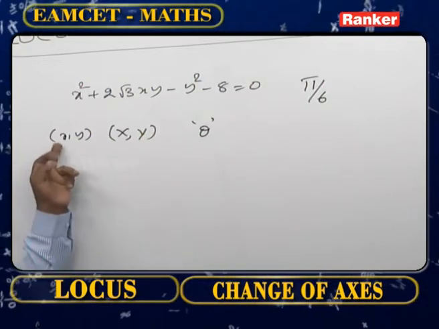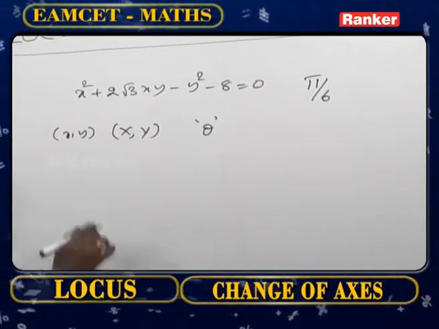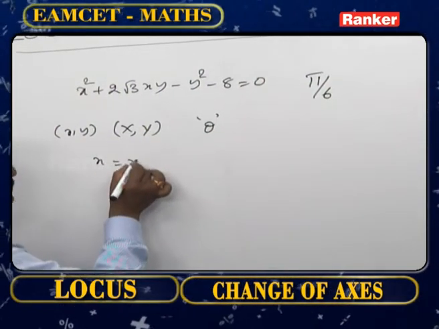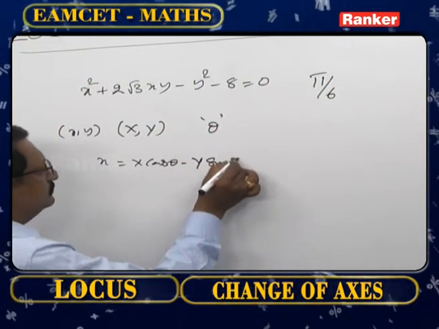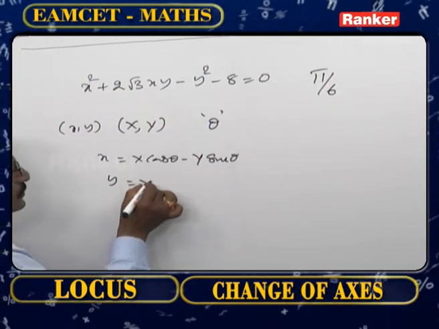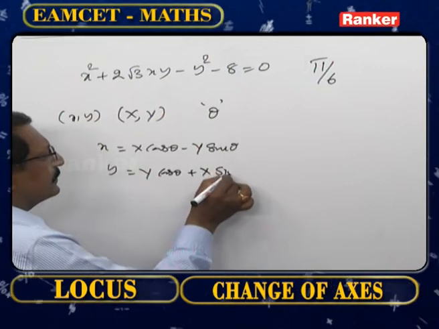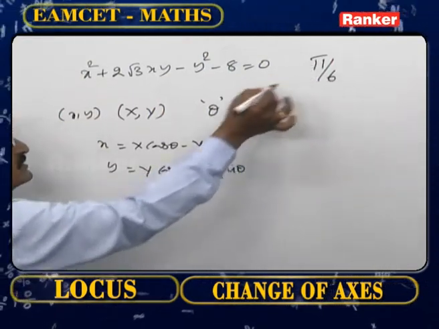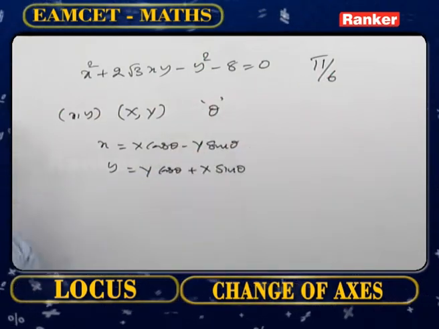Now the relation between small x, small y, capital X, capital Y and theta is x equals X cos theta minus Y sin theta, y equals Y cos theta plus X sin theta. But here theta is given as pi by 6.